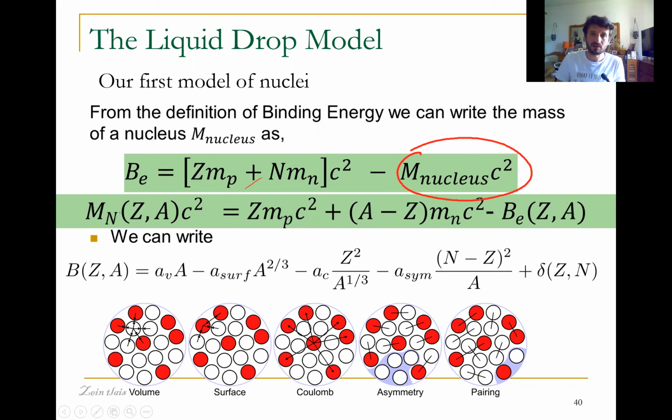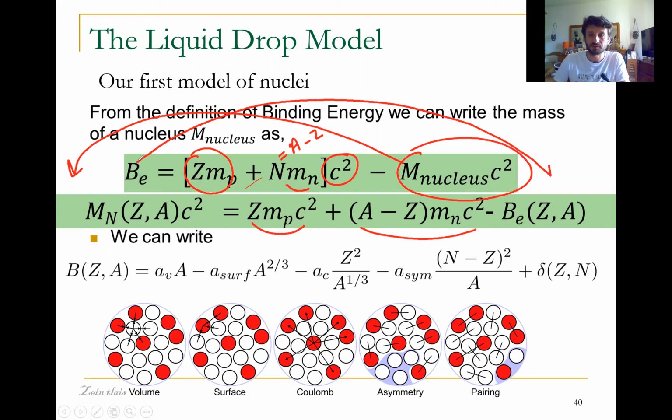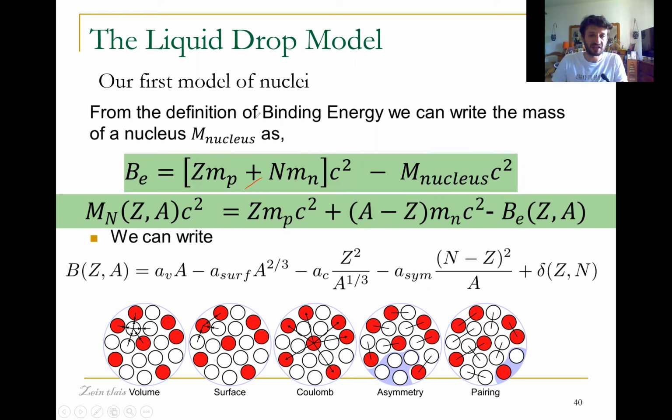We have Mn, the mass of the nucleus, or the energy of the nucleus, which is equal to Z mp c square plus N mn c square, where N equals A minus Z, plus or minus the binding energy. You put it here. Finally we find this relation.